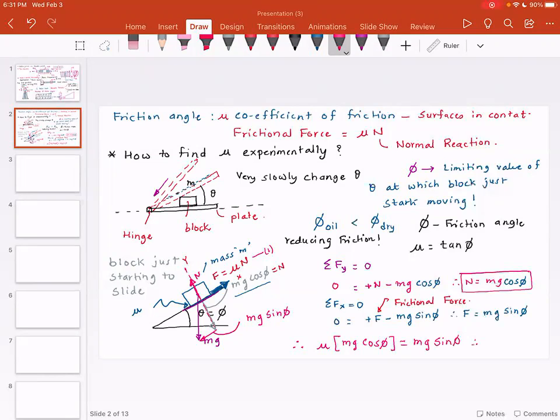What that means is mu is equal to tan phi. And this is an important relationship. So the coefficient of friction mu is nothing but tan of the friction angle. Any questions at this point?